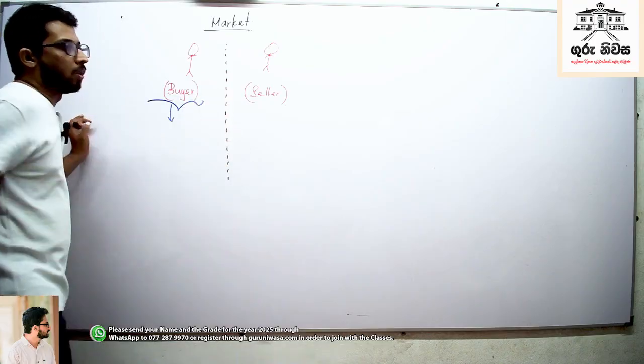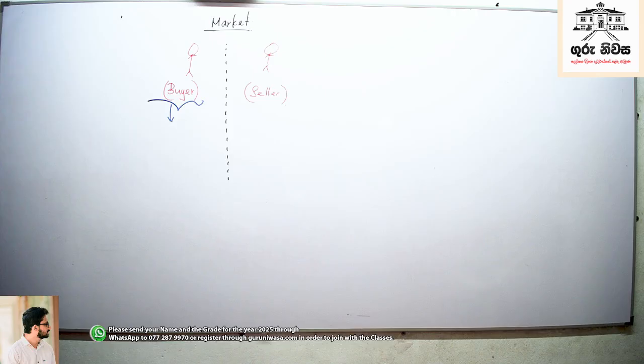Yes, quality products at affordable prices, because we don't like to pay 5,000 rupees to buy one unit of rice. Yes, we need quality products, of course, at affordable or reasonable prices. This is the main objective of buyers.